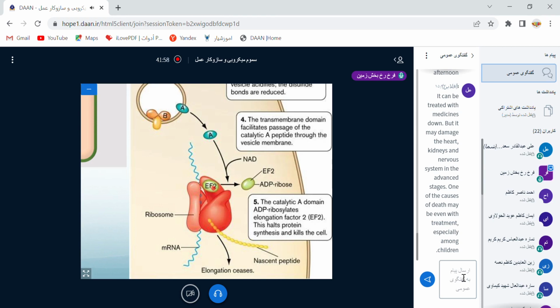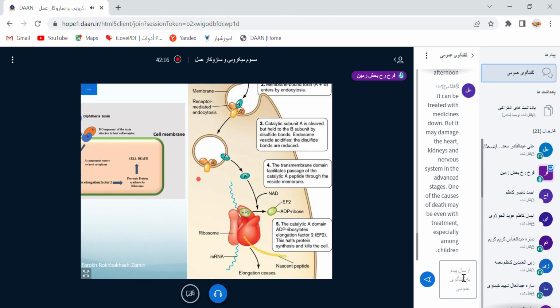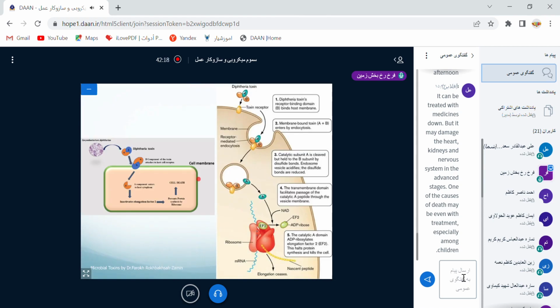So when EF2 is not working, there is no translocation, polymerization does not continue, and the cell goes to die.